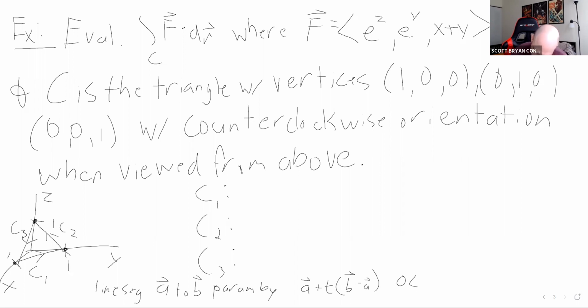And t just goes from 0 to 1. So where you're starting plus t times where you end minus where you start. Very easy way to parameterize line segments.